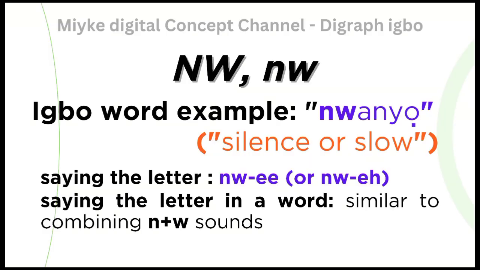So N-W. In the Igbo language, the example is nwayo, which means silence or slow. That sound is also a combination of two letters, that is N and W. Similar to that combination, we give you such sounds.